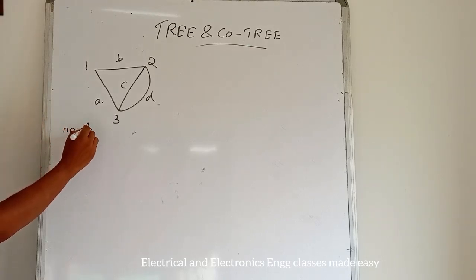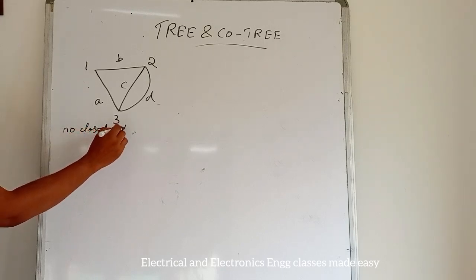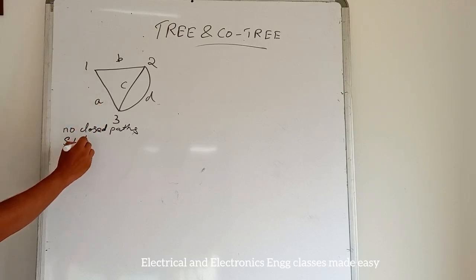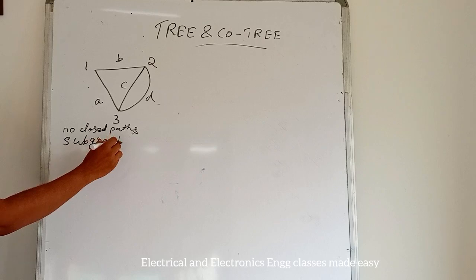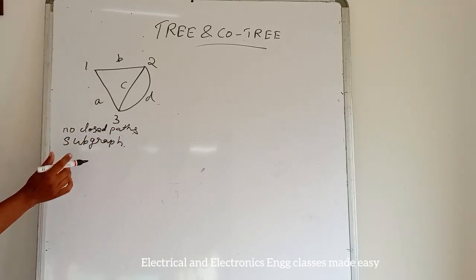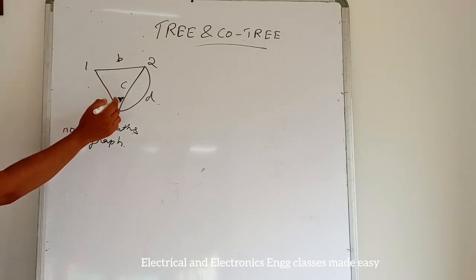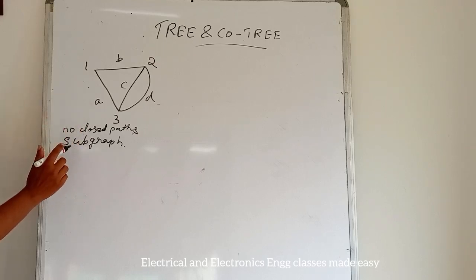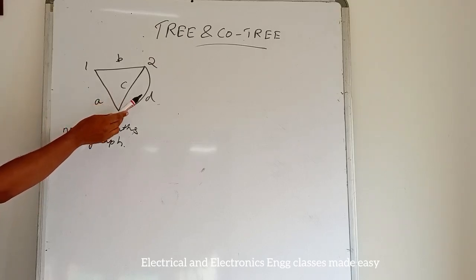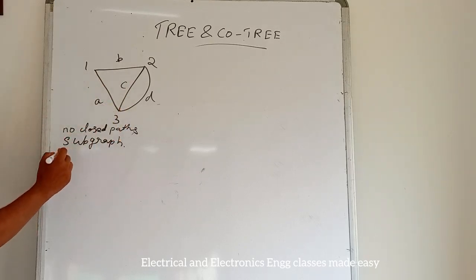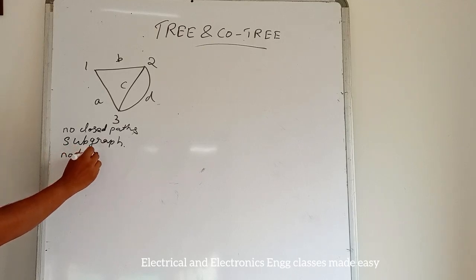So a tree contains no closed paths and it is a subgraph of the original graph, and the number of nodes is equal to the number of nodes in the graph. That is, the number of nodes in a graph is the same as the number of nodes in a tree. So nodes are the same.